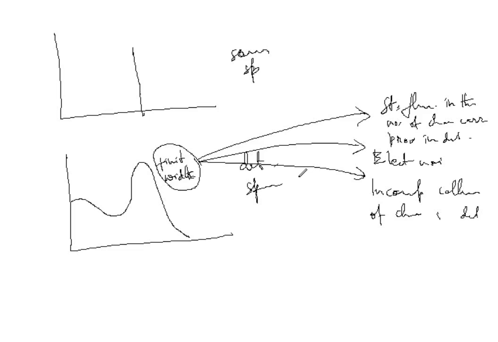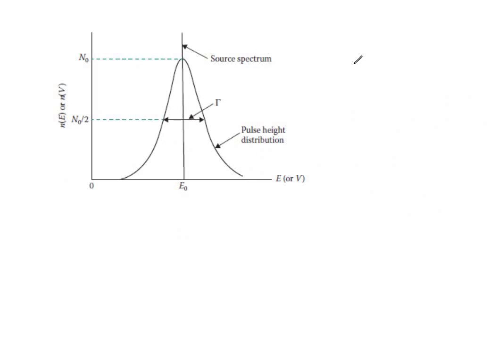Okay, now you see what we will do is we will characterize this. So this is how we do that. As you can see in the spectrum, the width of this distribution basically is measured at the half of the maximum of this bell-shaped curve, and this width is denoted by this capital lambda, or this is known as FWHM, full width at half maximum.